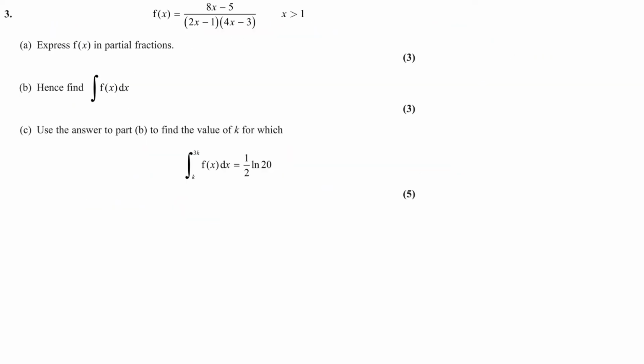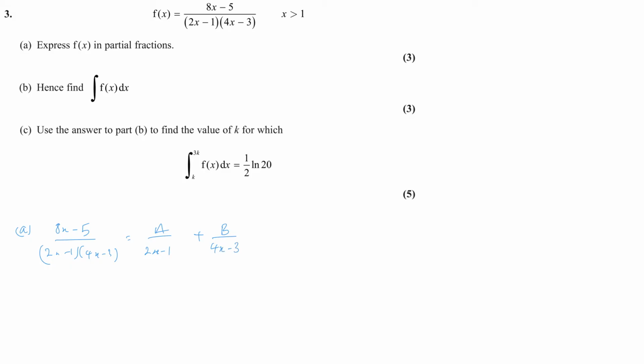So part A, question 3 now. Part A, express in partial fractions. So (8x minus 5) over (2x minus 1)(4x minus 3). So that's A over (2x minus 1) plus B over (4x minus 3).